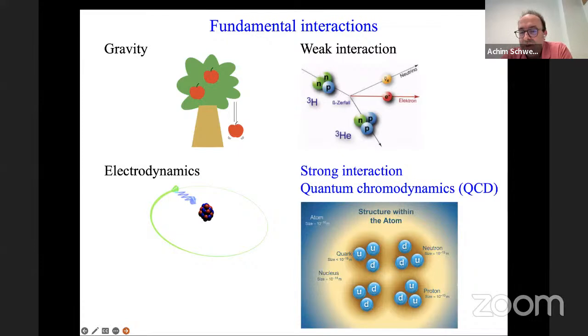And this theory is responsible for binding quarks together in hadrons, so here in this picture in neutrons and protons, and also for binding the neutrons and protons in atomic nuclei, in the nucleus in an atom.